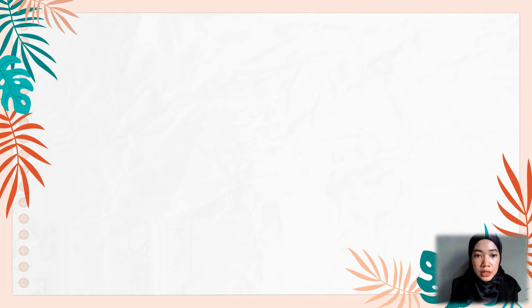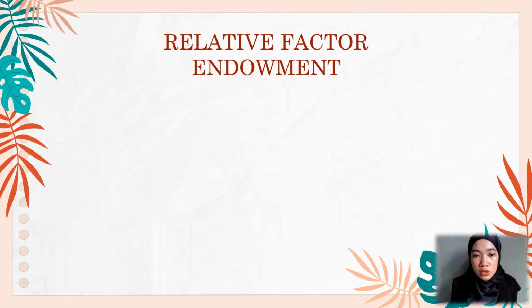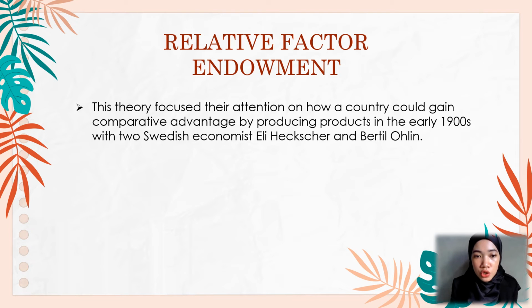Alright, the second point is relative factor endowment. Relative factor endowment is a theory that focuses on how a country could gain comparative advantage by producing products, developed by two Swedish economists, Eli Heckscher and Bertil Ohlin.